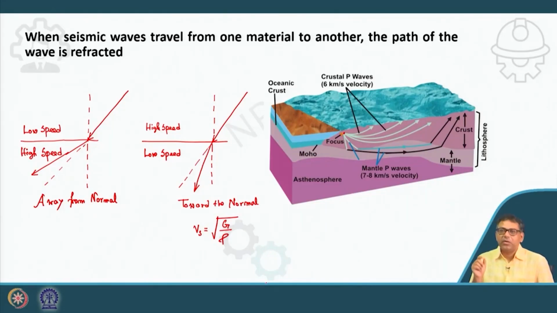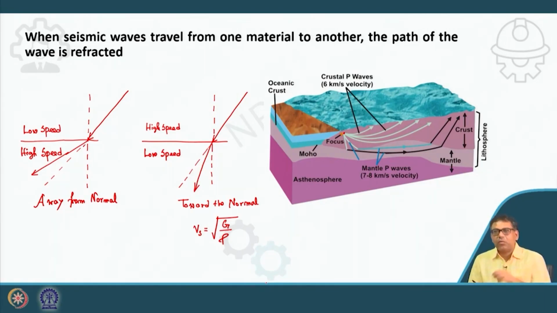The lower mantle has the highest wave velocity, the upper mantle has a slightly lower velocity than the lower mantle, and the crust has a wave velocity lower than the mantle. So the crust has the lowest velocity and the lower mantle has the highest velocity, because density increases as we go towards the earth's core.